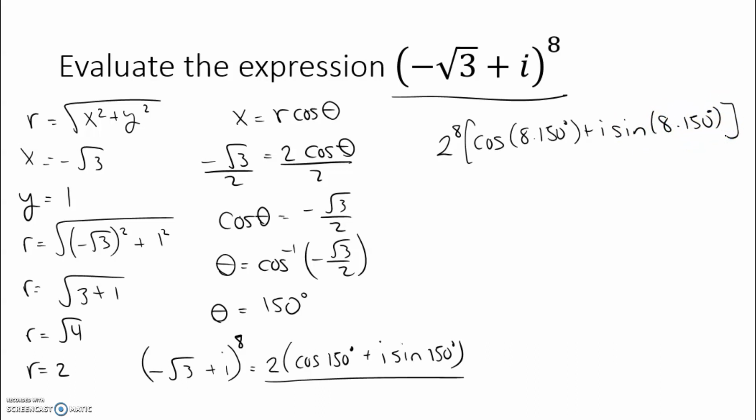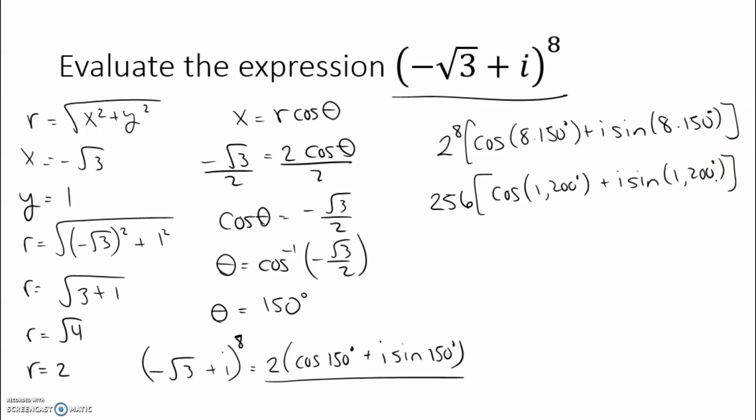And that's it right there. So keep going. 2 raised to 8 would be 256. Cosine of 8 times 150, that would be 1,200 degrees, i sine of the same thing, 1,200 degrees.